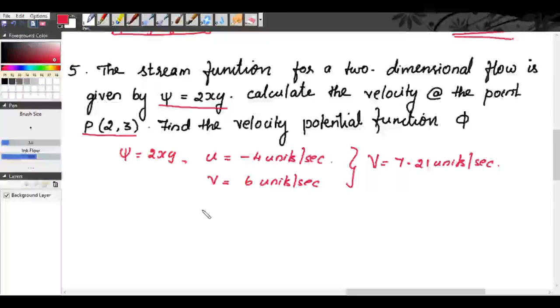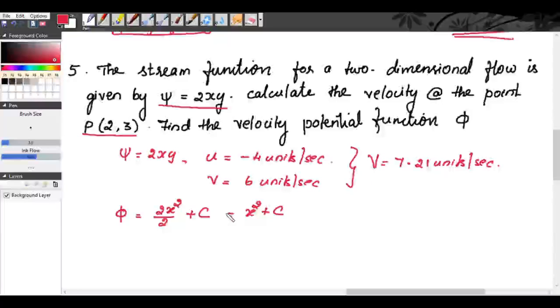Now the velocity potential, you will get pi is equal to 2x square by 2 plus c, that is x square plus c, where c is the constant of integration.